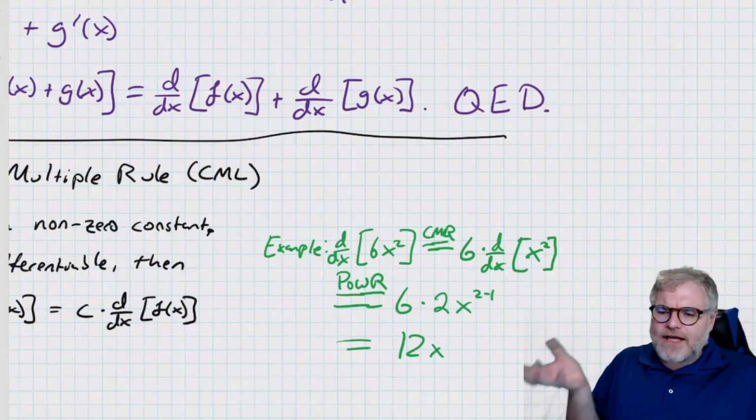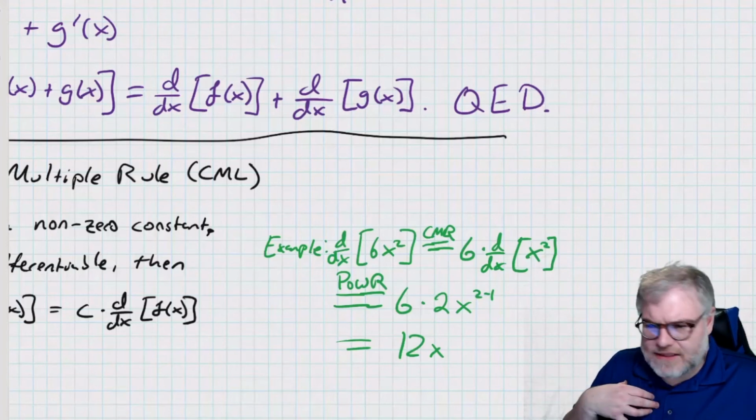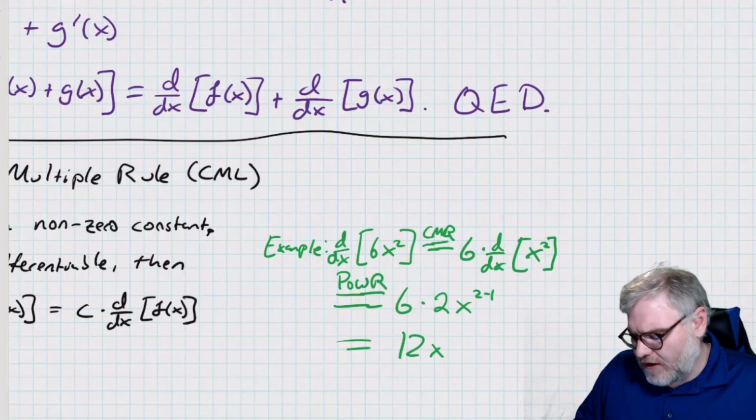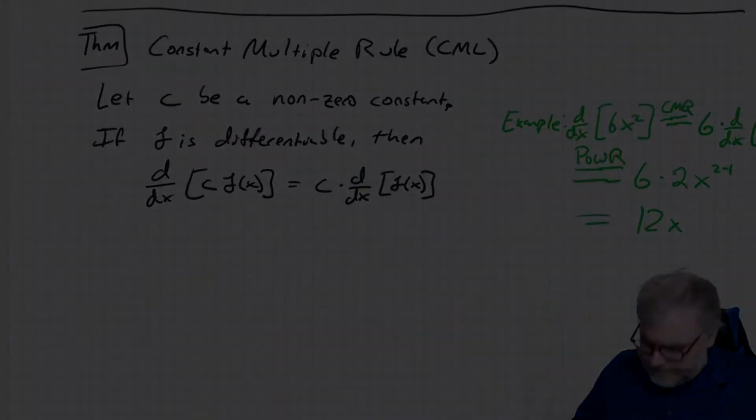Okay. So all the constant multiple rule says is that I can pull constants across the derivative, just like the limit law, and indeed you prove it just like the limit law.